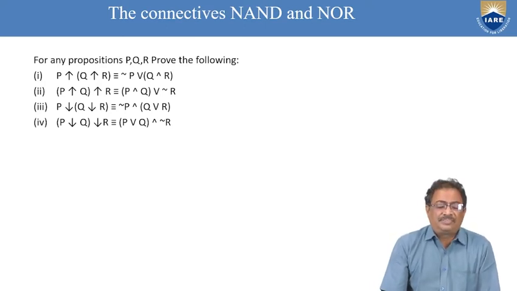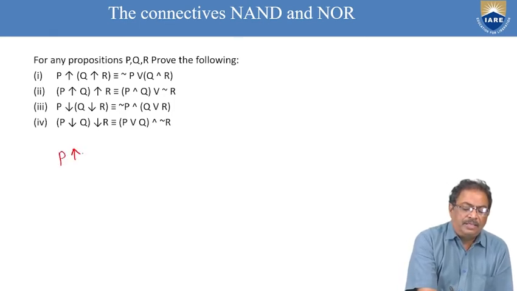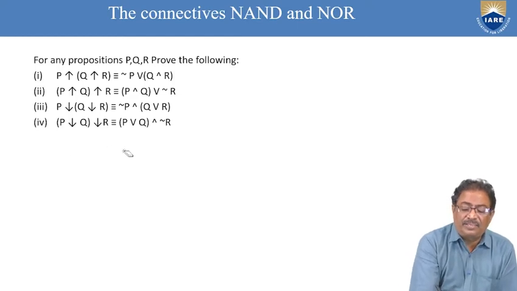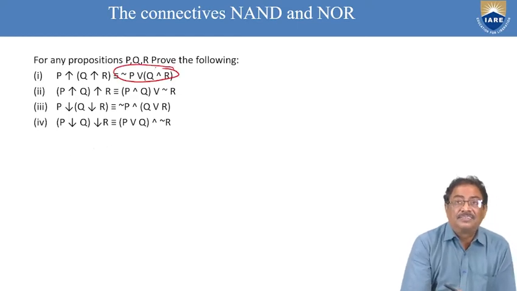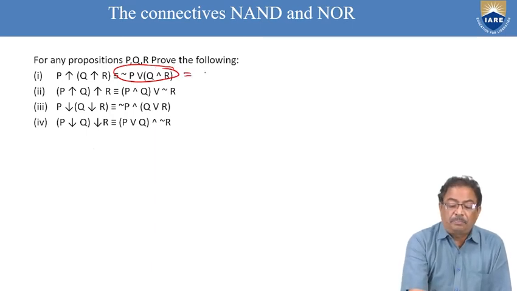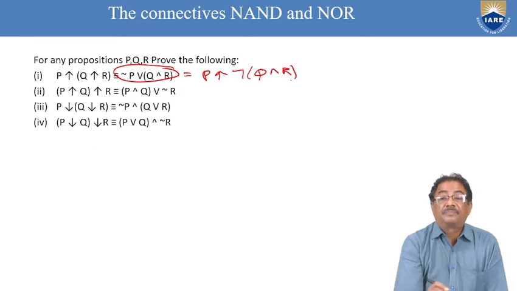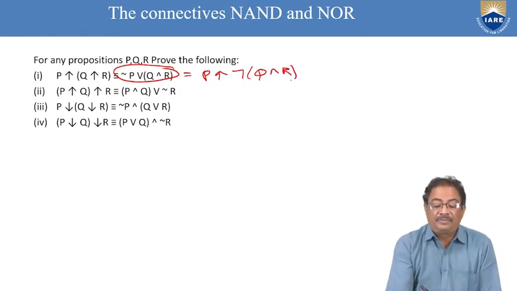Now, we have to prove this by considering P NAND (Q NAND R). Let us concentrate on this first one. Which is equivalent to P NAND, and what about this, Q and R? Negation of Q and R. NAND I applied.